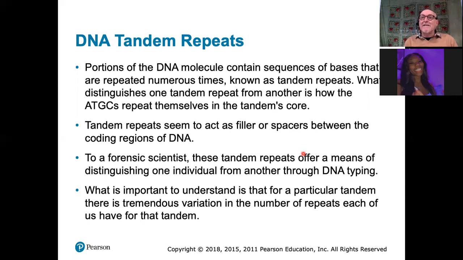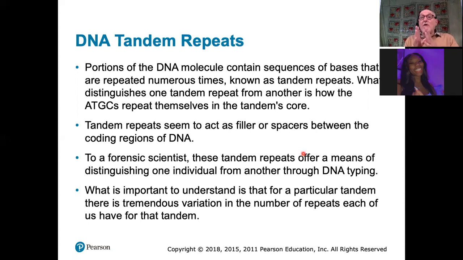That's really tremendously important. So what we're going to see is, for example, that if we just look at one of these sites on the DNA, maybe we end up, as I say, with 5 from the maternal, 20 from the paternal. So we'd have a little formula, 5 and 20 for that particular site.